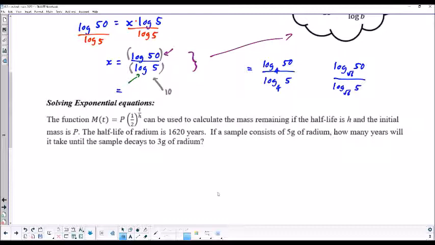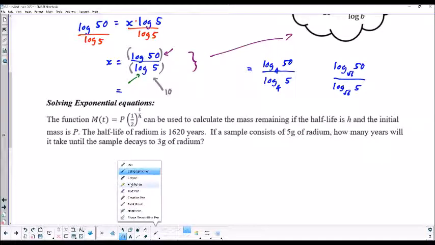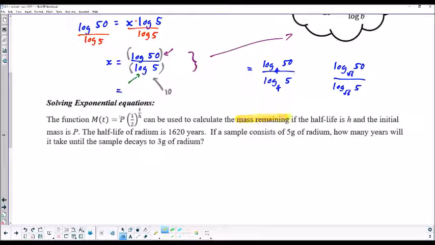And then we move down here, solving exponential equations. Sometimes we have a real life issue, like radioactive materials. We usually use those in examples as half-life. So this is the formula. This is the mass remaining. The mass remaining is on the left.